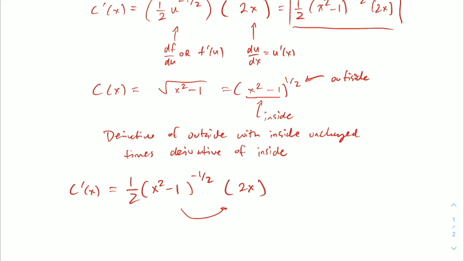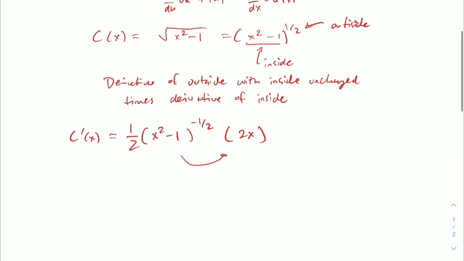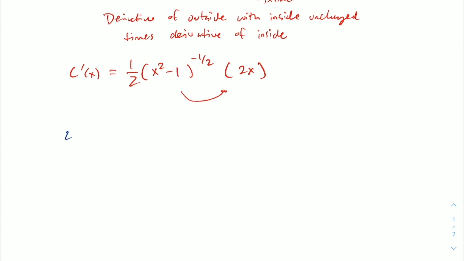Okay, let's do another example problem where I do this. Call this example 2. So here we're going to have a function which is 1 over x to the 3/2 plus x to the 5th power. And we want to find the derivative of this function.